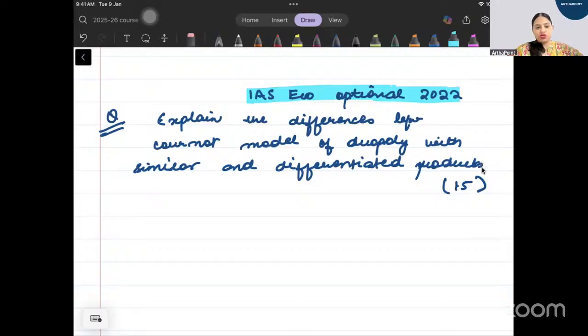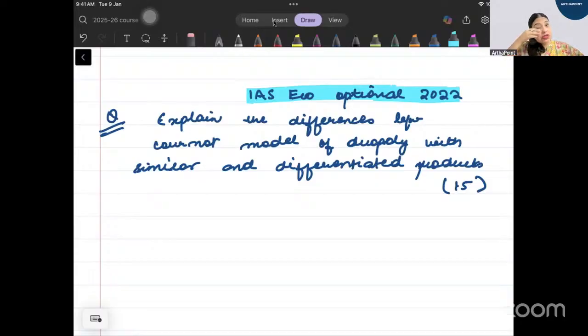Try to do this question yourself first. Give it a try. It's a 15 marks question, right? So first create a mind map in your mind of what all you will write in this question.